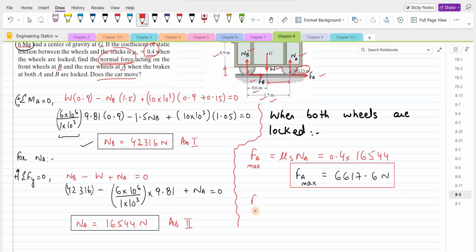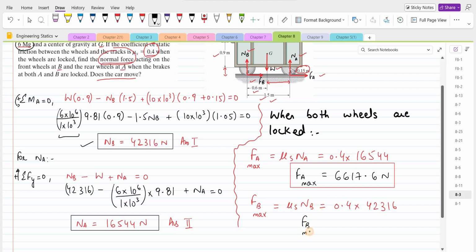Similarly, we have to do the same for the frictional force at the wheels B. So we have 0.4 times NB, which is 42,316 newtons. So the frictional force at the wheels B comes out to be 16,926.4 newtons.